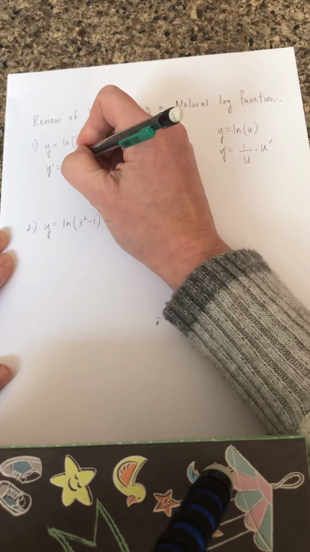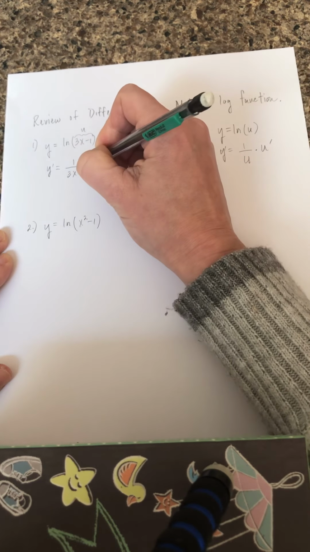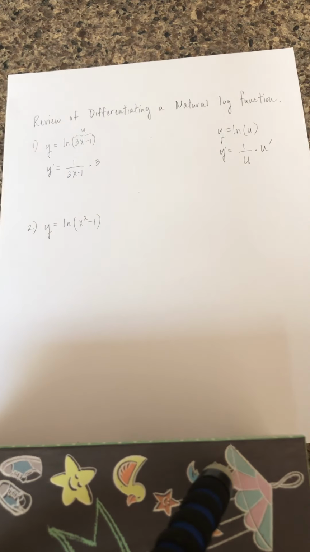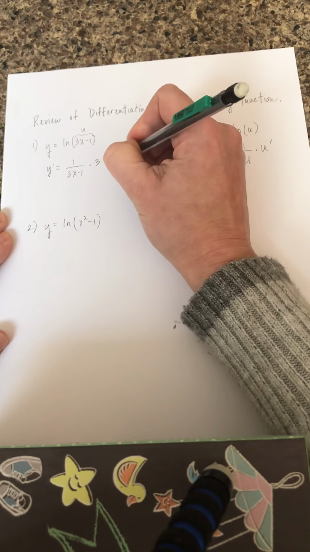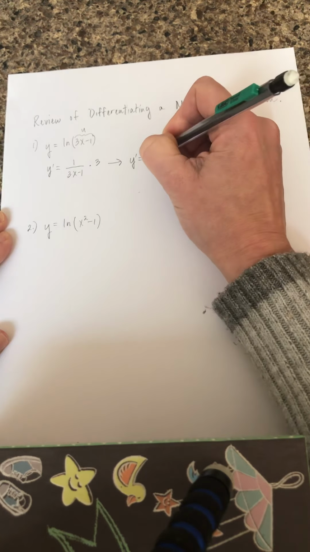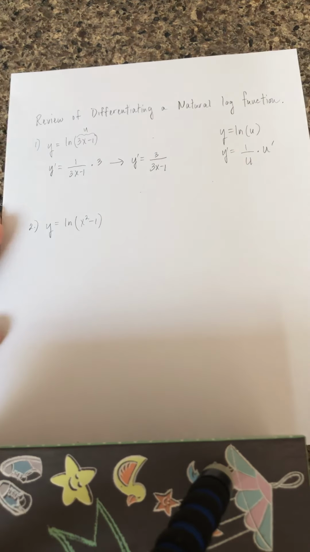Right? So the derivative would be 1 over 3x minus 1 times the derivative of 3x minus 1, which is 3.